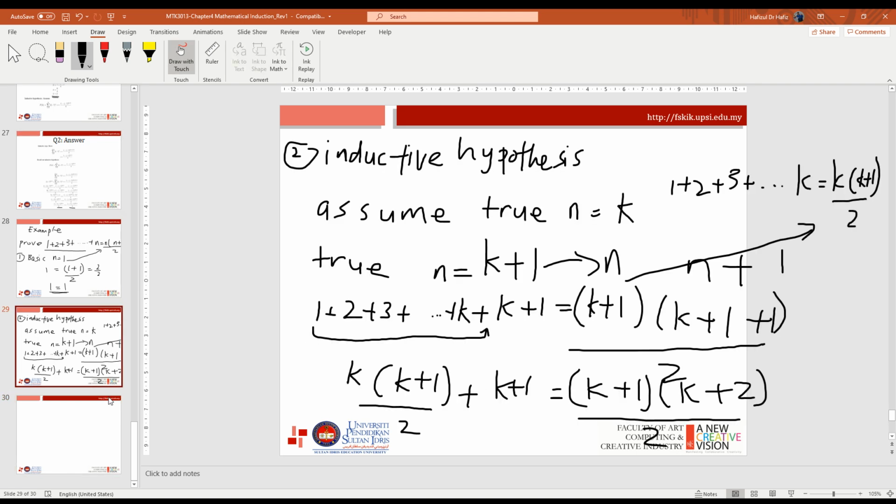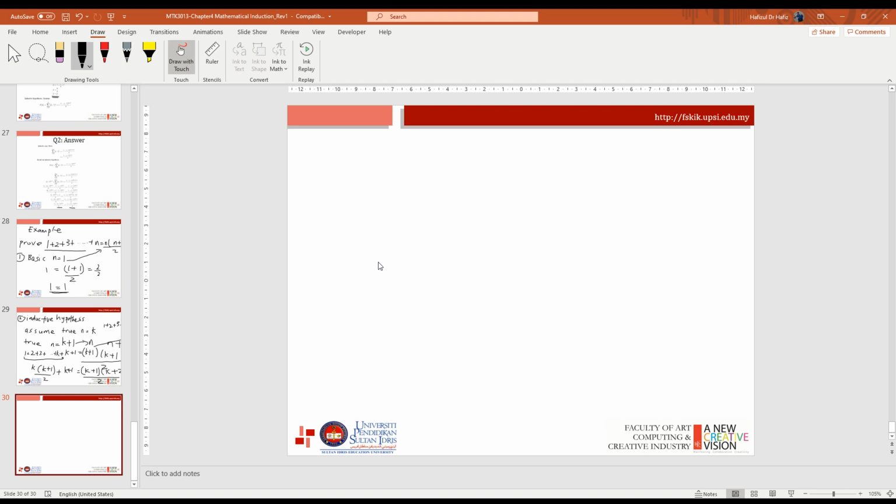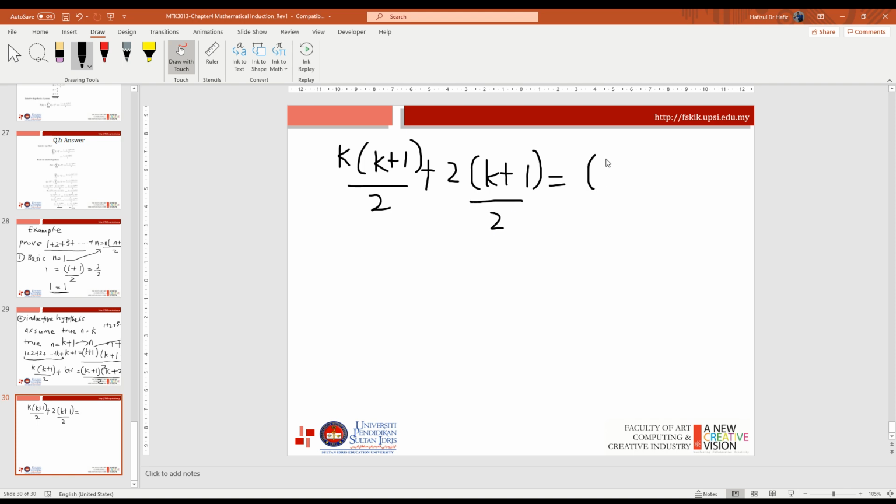From this, we have, we divide by 2: k(k plus 1) divided by 2 plus k plus 1 becomes (k plus 1)(2k plus 1)... divided by 2, is equivalent to (k plus 1)(k plus 2) divided by 2.